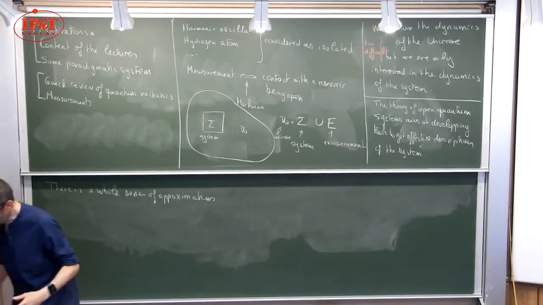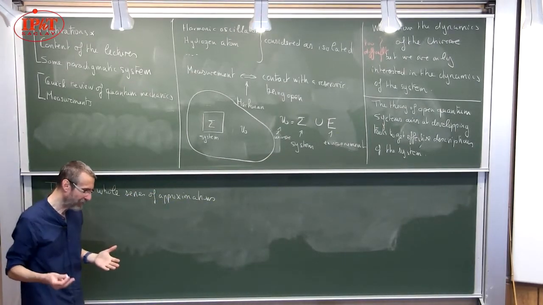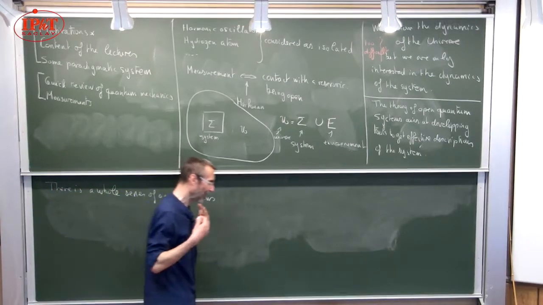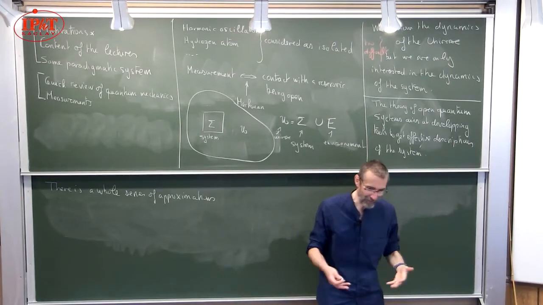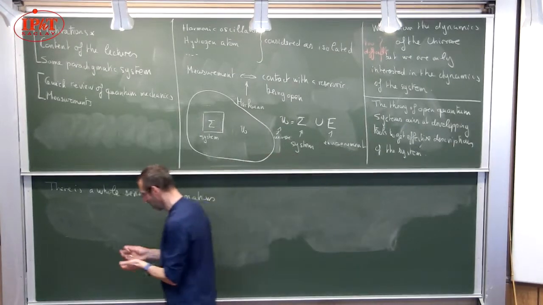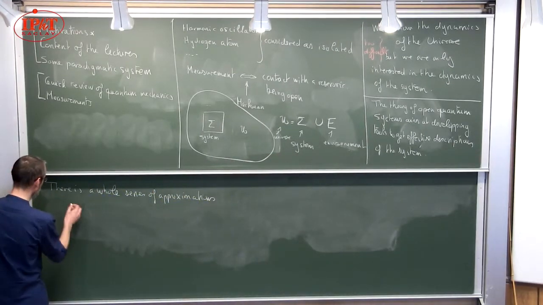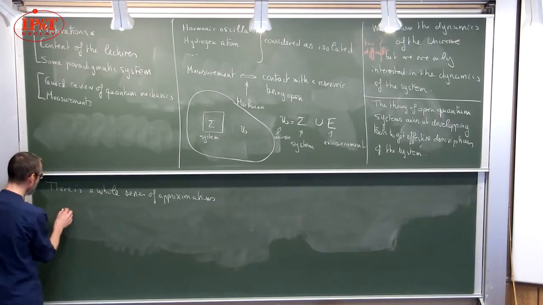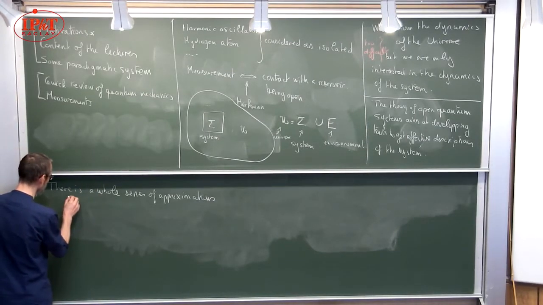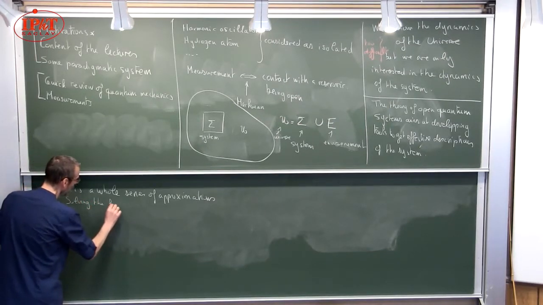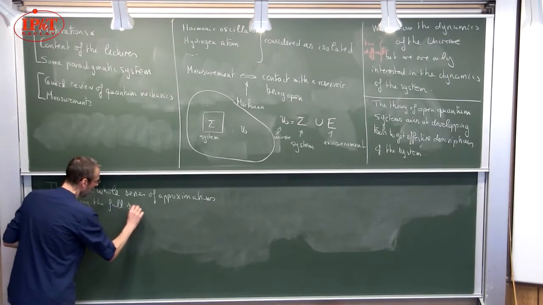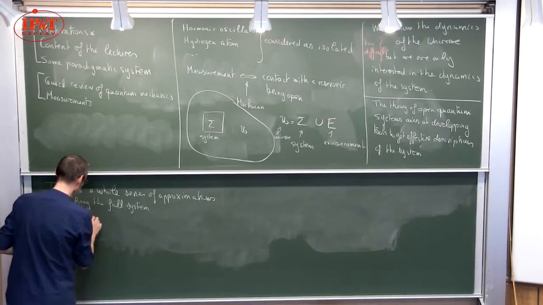And then there is a physical analysis of why you can neglect certain phenomena and go on. And in the end, you have some kind of linear organization, where you start with solving the full system. You go down.